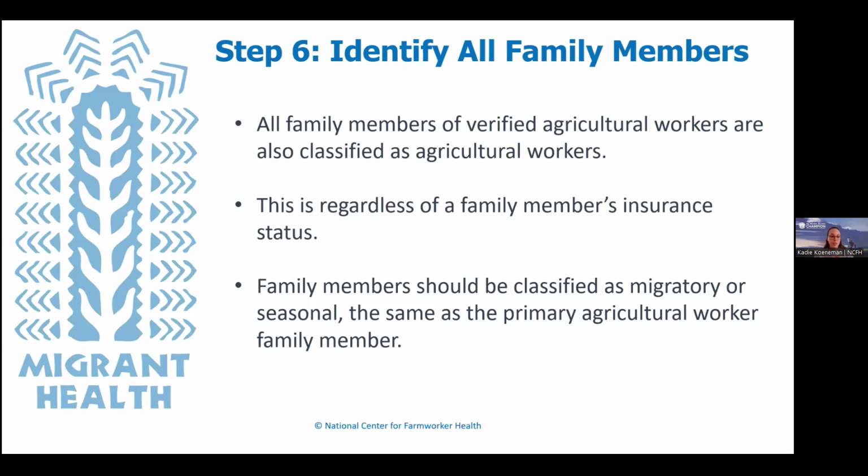And some health centers will classify all of the people living with agricultural workers as family members for their UDS reporting. The most important thing with identifying family members is consistency. So making sure that everyone at your health center is on the same page on what your definition of family member is, making sure it's reflected in the policy or procedure, and that you're just consistently using the same definition.